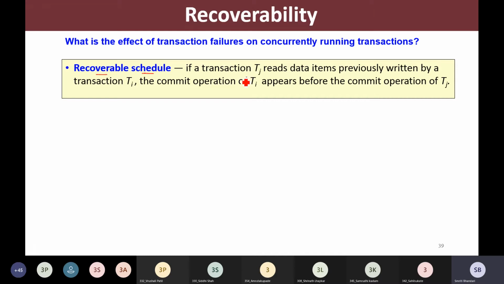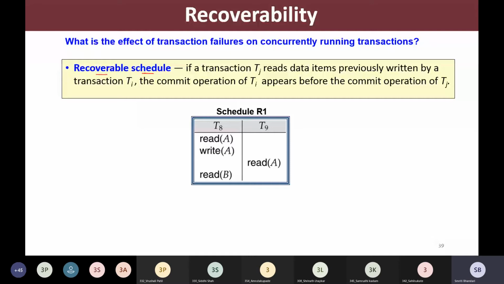If we have two transactions Ti and Tj, and transaction Tj is reading the data items previously written by transaction Ti, then the commit operation of Ti should appear before the commit operation of Tj. Let us see an example.